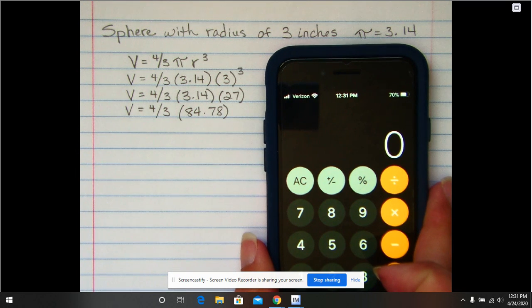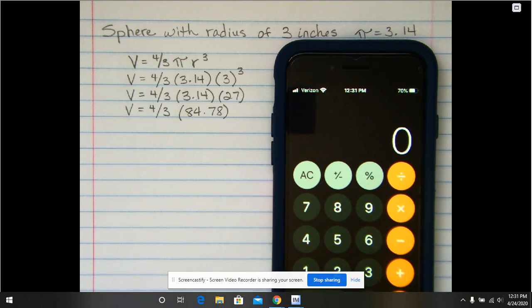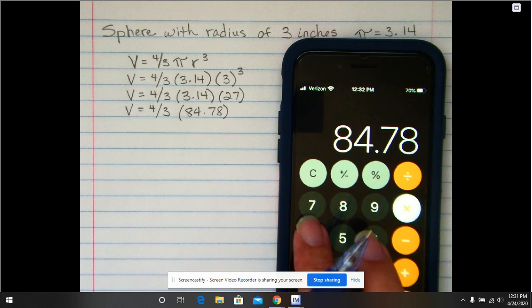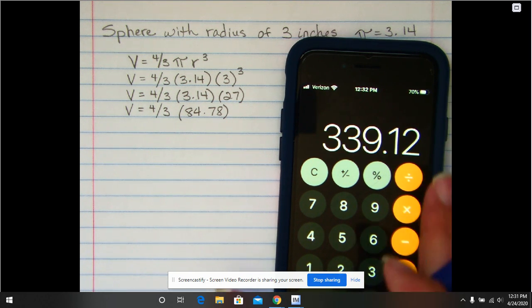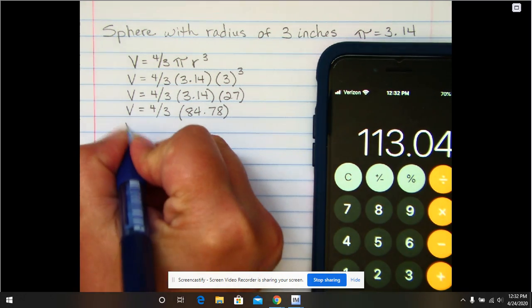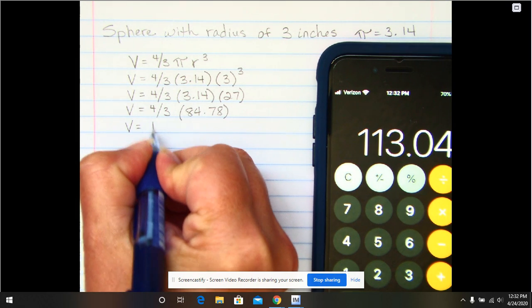So if I type in 84.78 on my calculator, and I want to multiply it times 4/3. On any calculator you ever use, it doesn't have to have special buttons, you can simply multiply by the numerator, which is 4, then divide by the denominator, which is 3, and there's your solution.